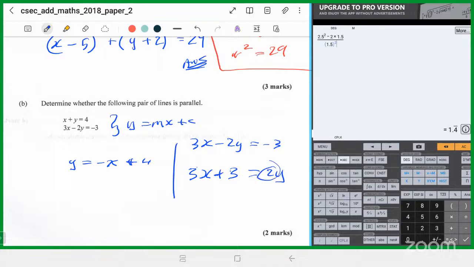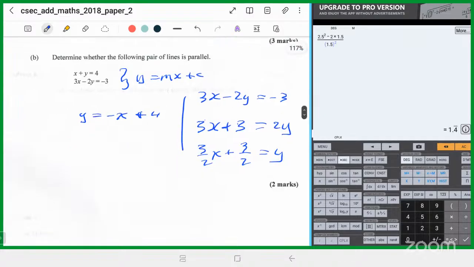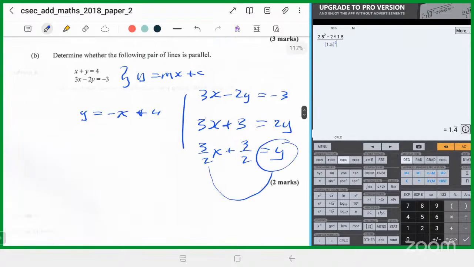Then if you divide through by this 2, this becomes 3 over 2 x plus 3 over 2 equals y. So that's now y = mx + c.